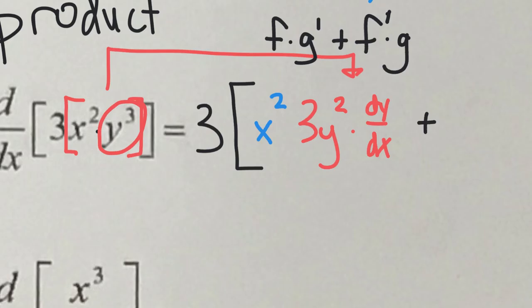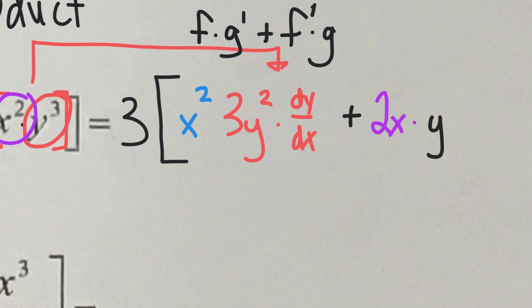So x squared stays the same, and we take the derivative of y cubed. And now we're going to take the derivative of x squared. So what's the derivative of x squared? 2x, and we multiply that by y cubed, right? So we don't mess with the second one that time. So there is your product rule derivative.